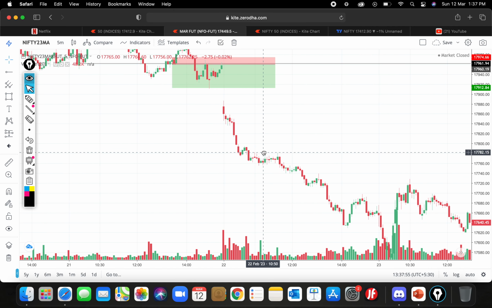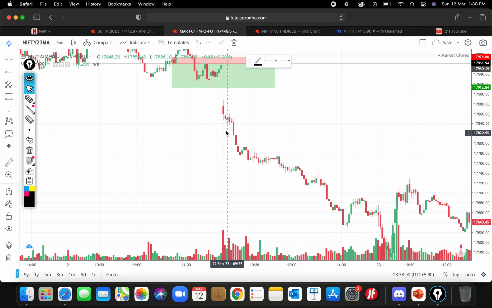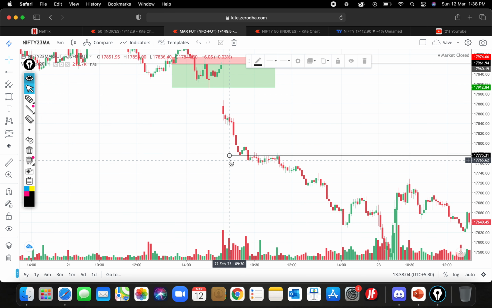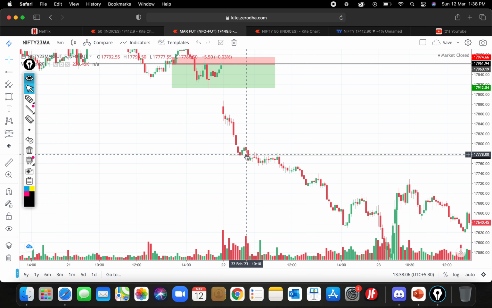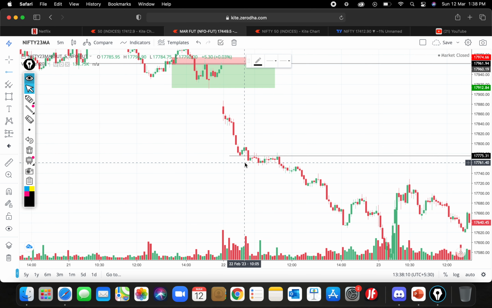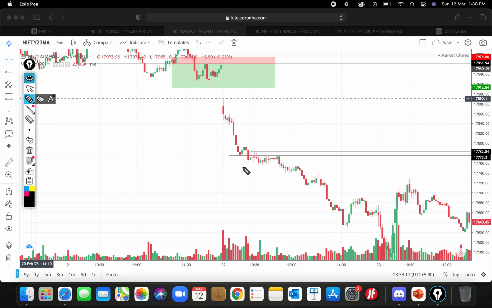Here the market opened with a gap down, so we have to mark a support first, and support was confirmed right here with this as a support, and then we'll be marking a resistance. Our resistance was confirmed right here, and this will be a resistance. So we could see our support was broken right here, and then our resistance was created here, so we'll be waiting for a proper pullback.